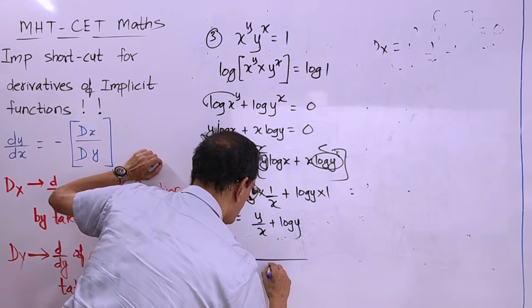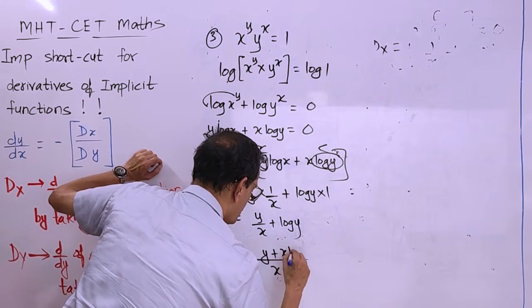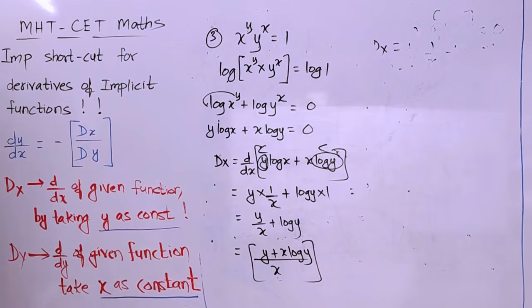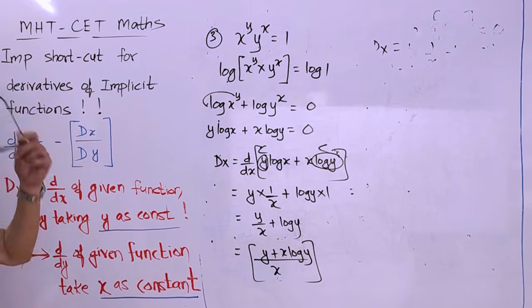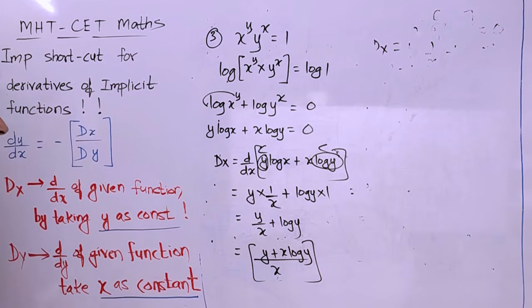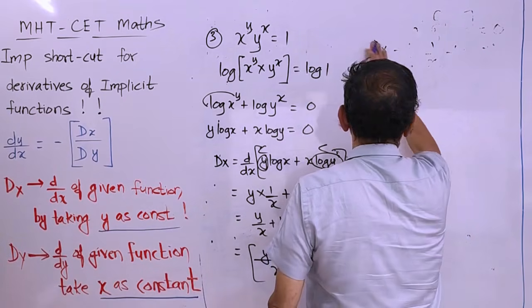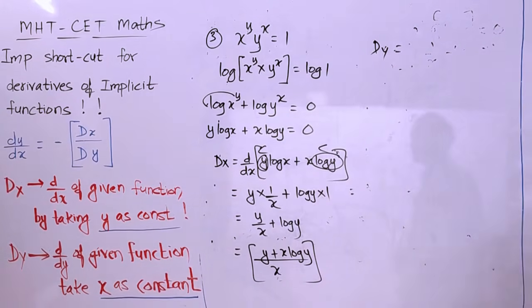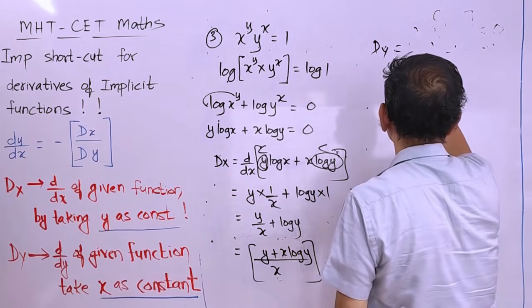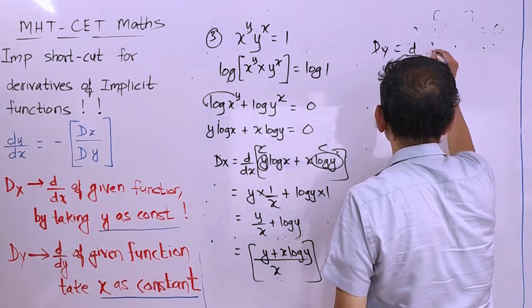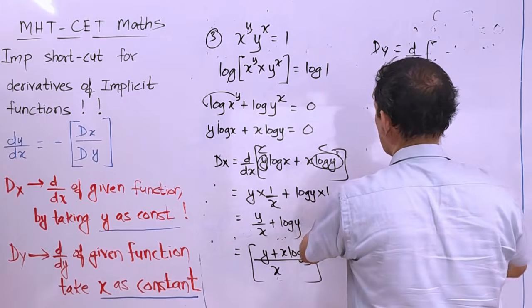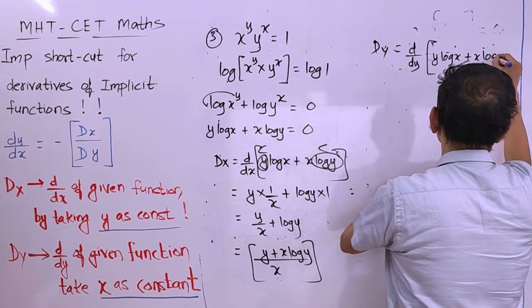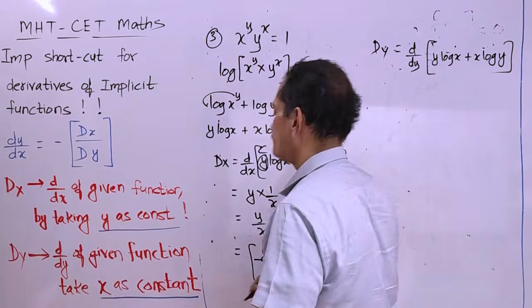X is the LCM. Y plus x log y upon x. Now dy: d by dy of y log x plus x log y.